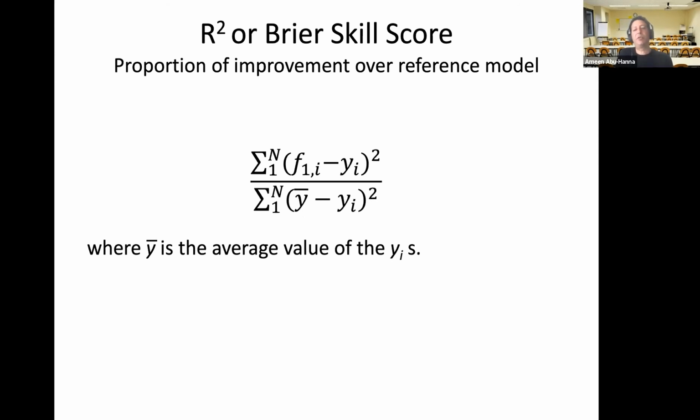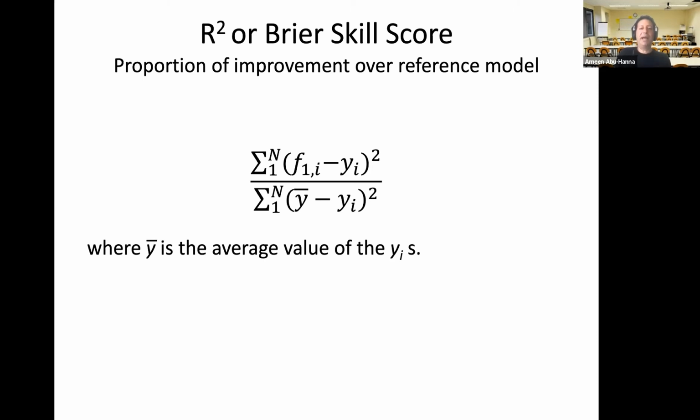So what is the non-informative model? The non-informative model does not give me individualized predictions, it gives everybody the same prediction. It's the mean probability of the outcome. So if I have 30% mortality, it will give the first patient 30%, the second patient 30%, regardless of their variables. That's why it's called the non-informative model.